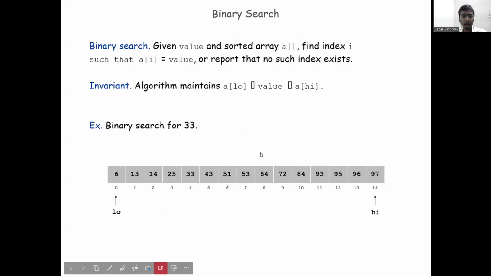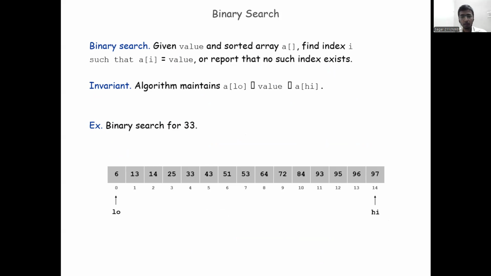So we are considering one array whose size is 15, and our key value is 33. Low is 0, and high is 15 minus 1, that is 14. So the first iteration starts now. First we find the middle index.